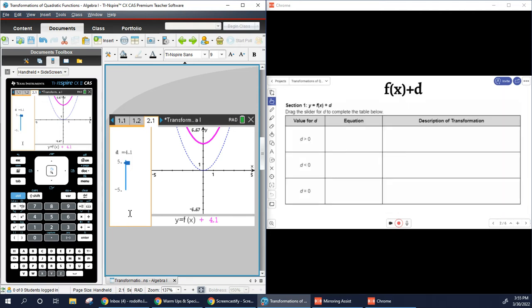Here's where we want to go with this description. Whenever you add a number to the function, f of x plus a number, if that number is greater than 0, as an example f of x plus 3, then that means the function is going to move up 3 units. So we call this a vertical shift.